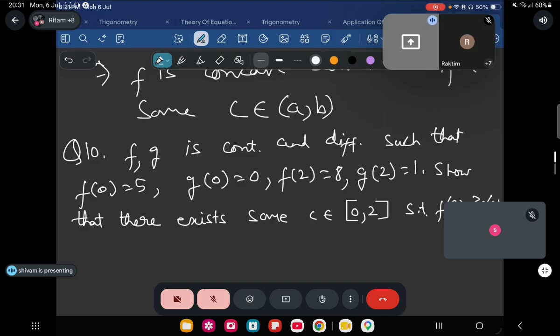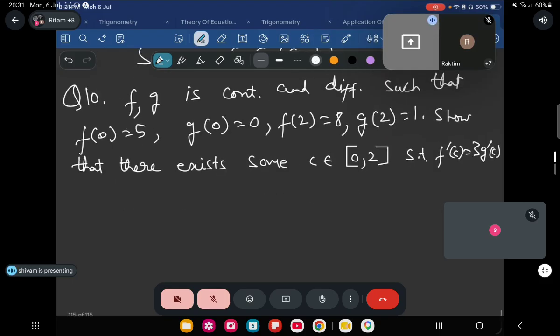So let me solve. Pay attention. Question number 11. f dash c by g dash c is equal to f of b minus f of a, that is f of 2 minus f of 0.